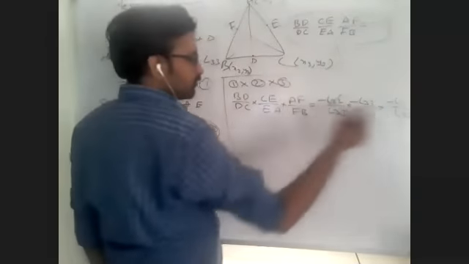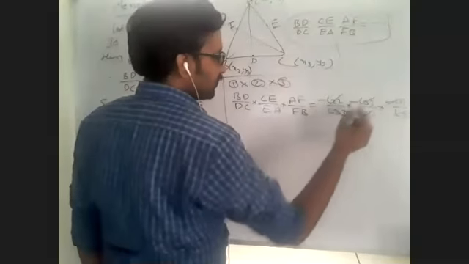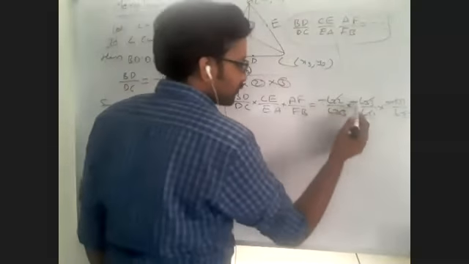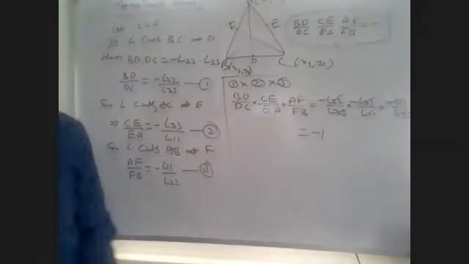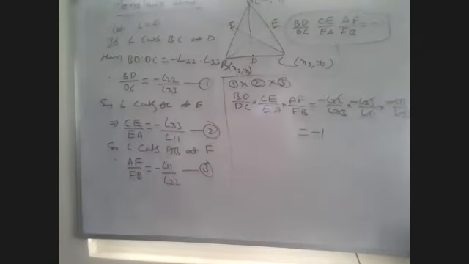Here L22, L22, L11, L11, L33, L33 cancel. Minus into minus is plus, plus into minus is minus. That is minus 1 is the answer. Understand?